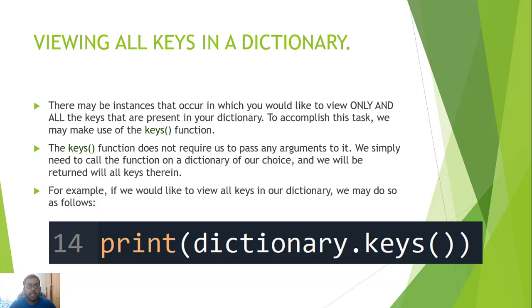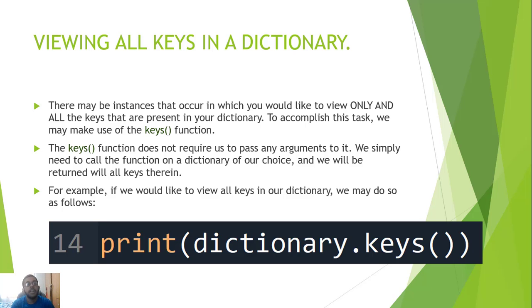Viewing all keys in a dictionary. There may be instances that occur in which you would like to view only and all the keys that are present in your dictionary. To accomplish this task, we may make use of the keys function. The keys function does not require us to pass any arguments to it. We simply need to call the function on a dictionary of our choice, and we will be returned with all the keys therein.